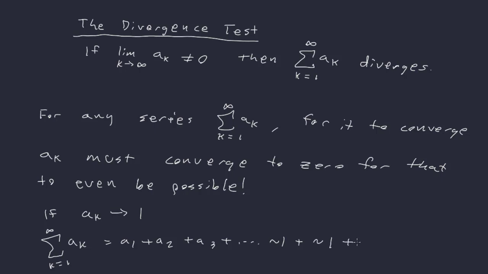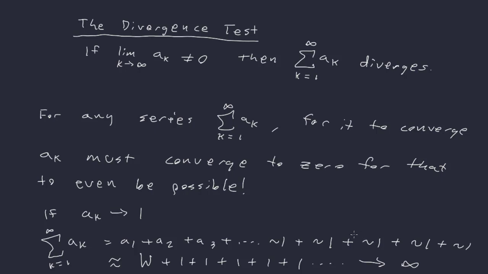I'm just going to put approximately a bunch of 1s here. So this is going to be approximately some value, call it W, plus 1 plus 1 plus 1 plus 1 plus 1 infinitely many times. Well, if you add up 1 an infinite number of times, that blows up to infinity.